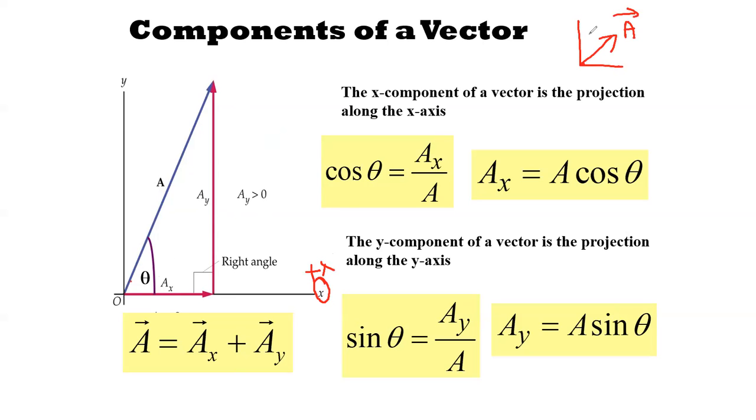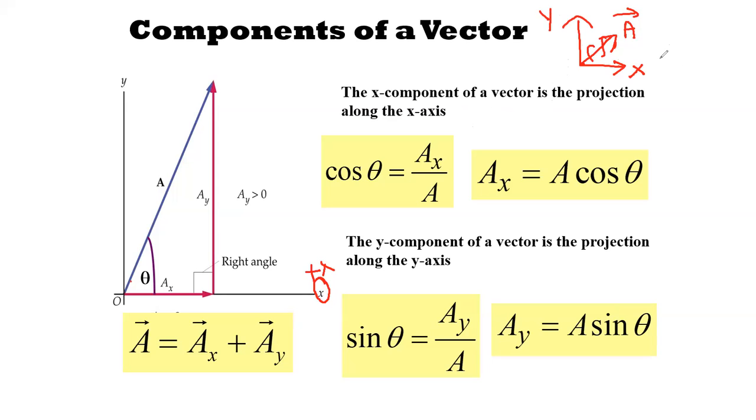Now I am going to get the components. Components means that instead of this A, I project this vector into the x and y directions.